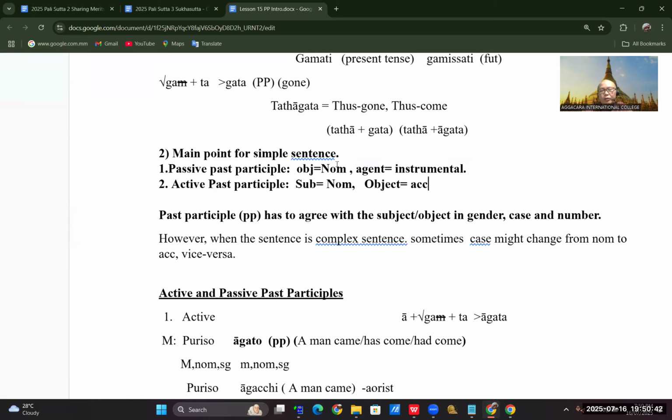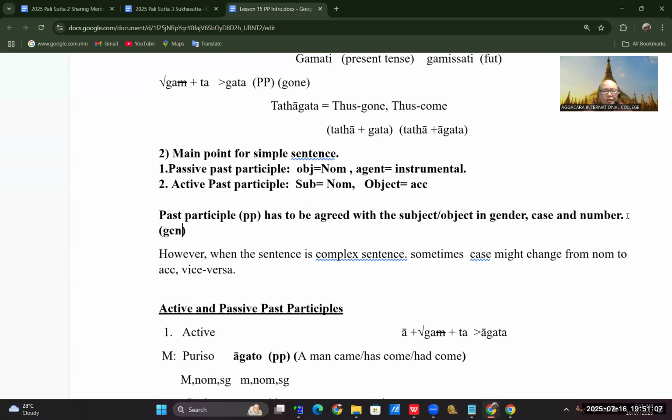Passive will be the other way around: the object will be nominative, and the agent, or the doer, will be instrumental. So the PP, past participle, has to agree with the subject or object in gender, case, and number. Sometimes they use GCN. Actually, I learned this from my student. I always ask them what GCN is: gender, case, and number.